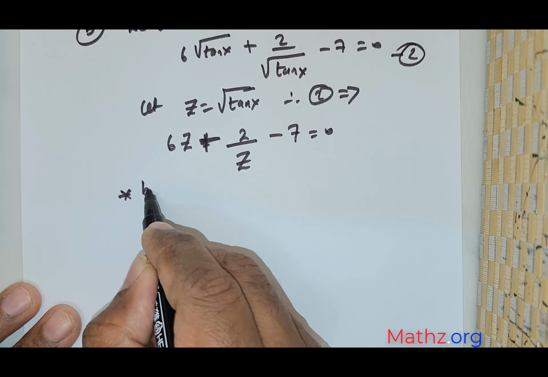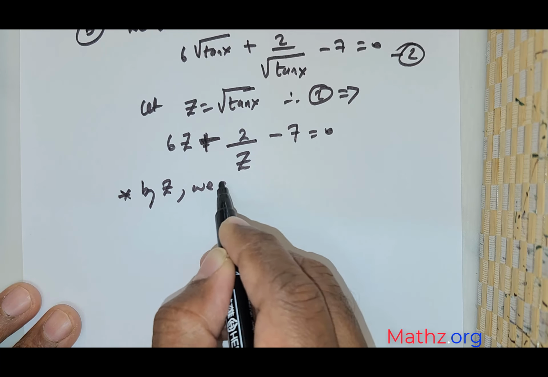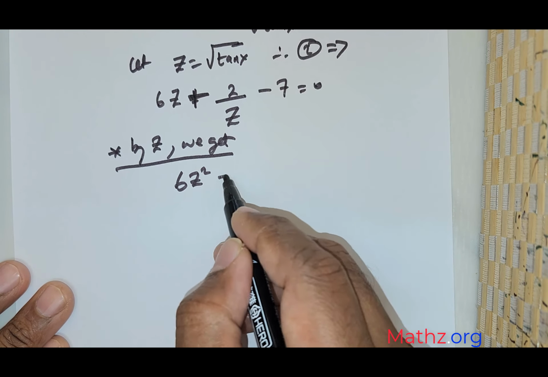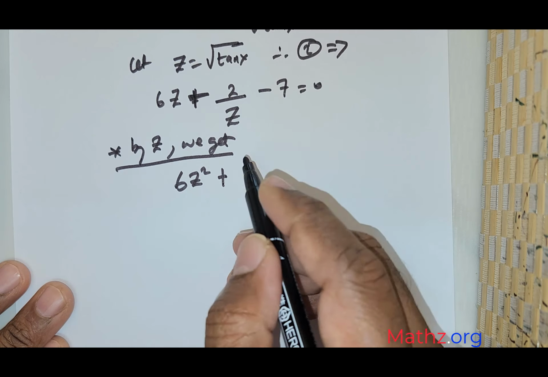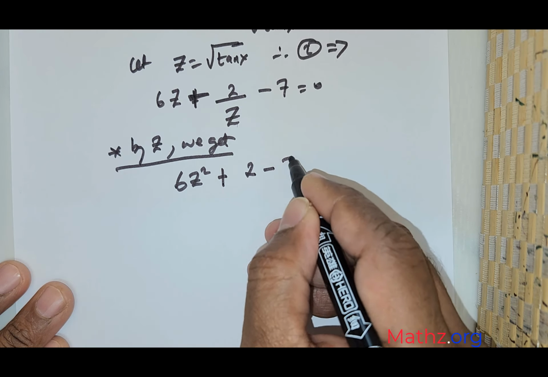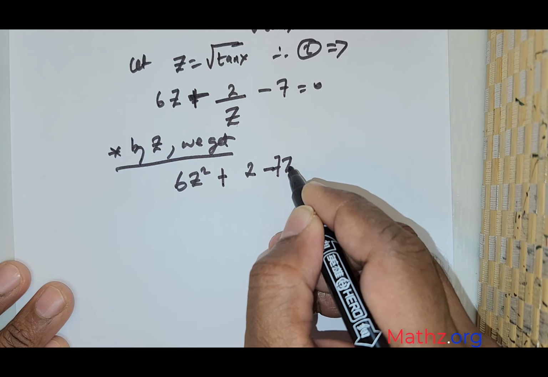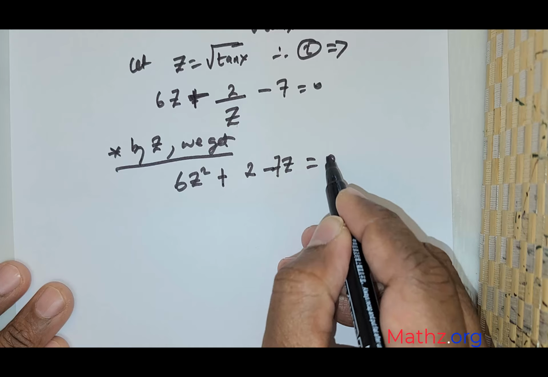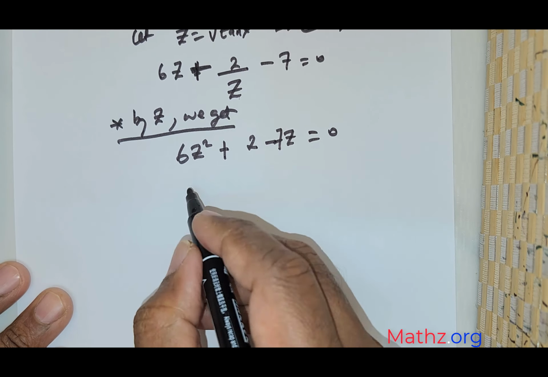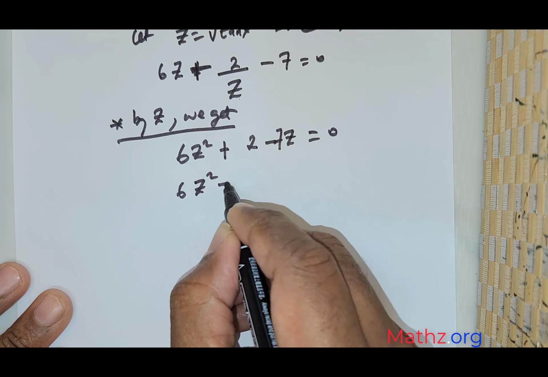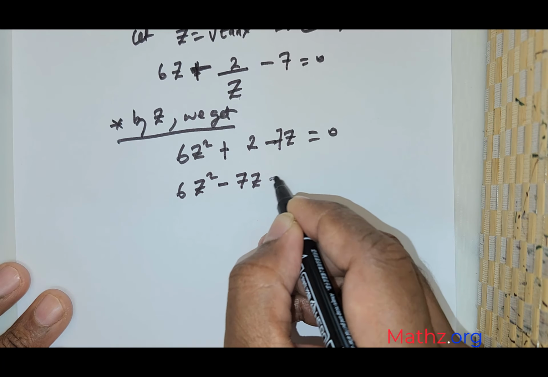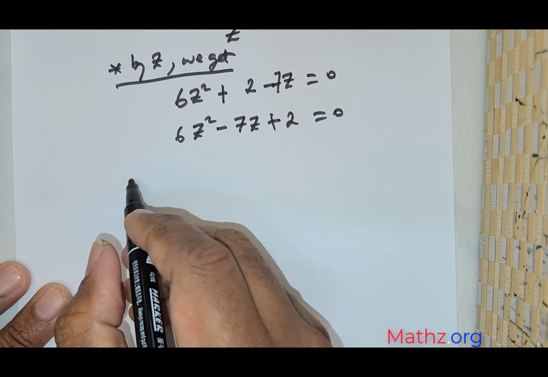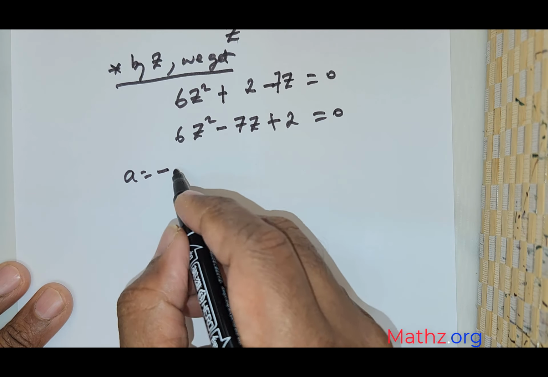So multiplying throughout by z, we get 6 times z squared, and this z gets cancelled with the z in the denominator because we are multiplying by z on both sides. So this is 0. Now this can be rewritten as 6 times z squared, negative 7 times z, positive 2 is equal to 0.